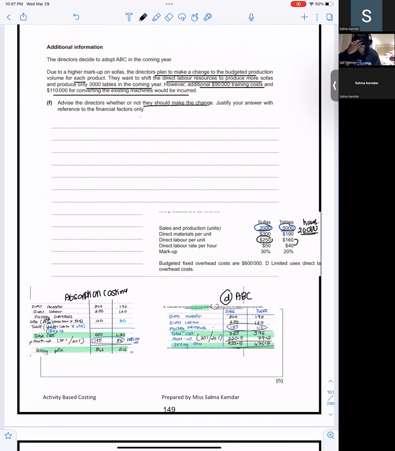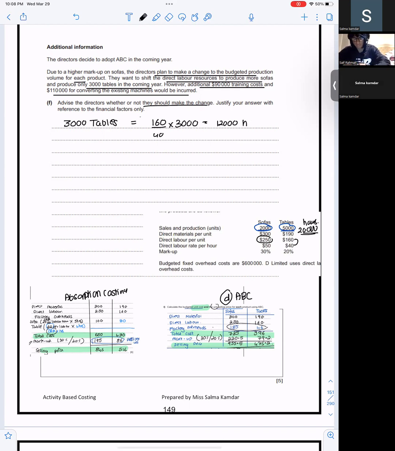They want to make only 3,000 tables. So we'll do 160 divided by 40 into 3,000. To make 3,000 tables, it will become 12,000 hours.